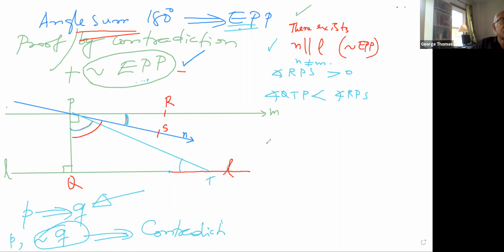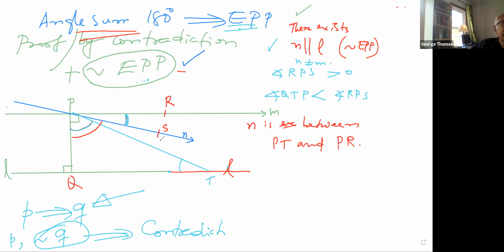Yes. I can surely write N is between PT and PR. Okay?